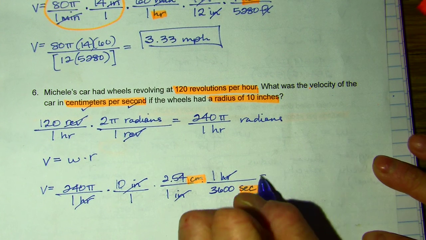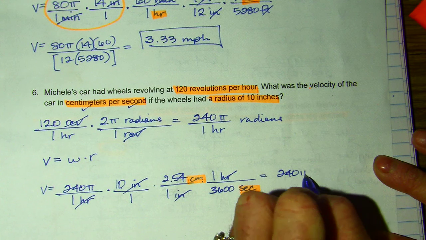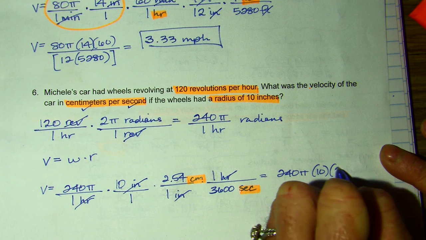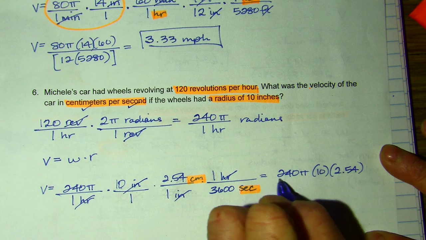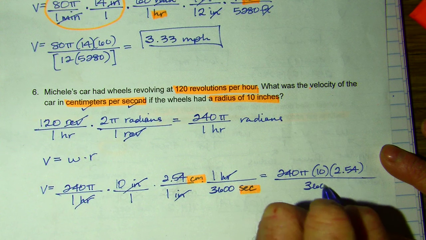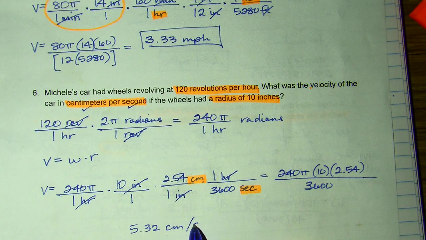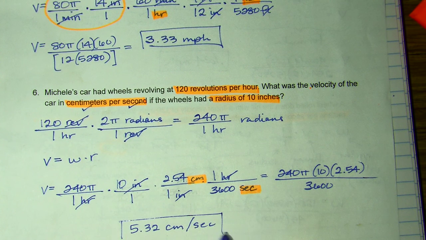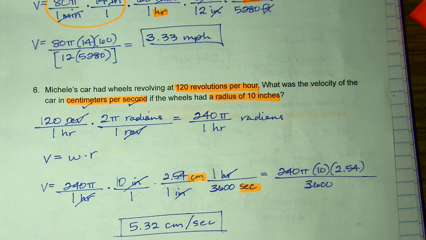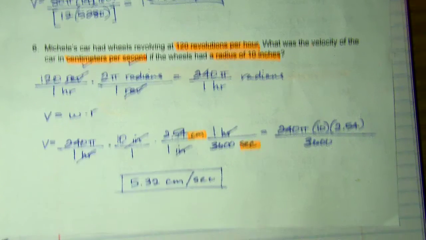Everything else has canceled. So I have 240 pi times 10 times 2.54 divided by 3,600. And I got 5.32 centimeters per 1 second. That is how fast the car is traveling.